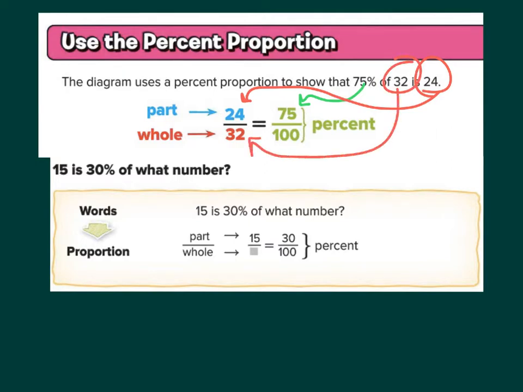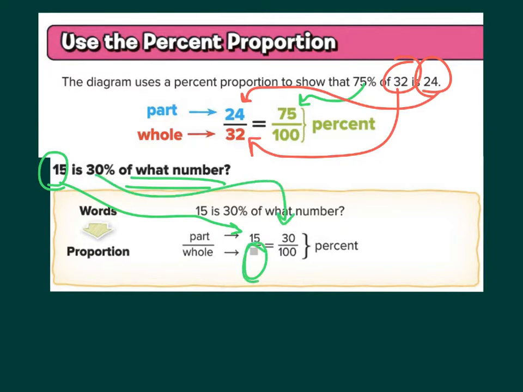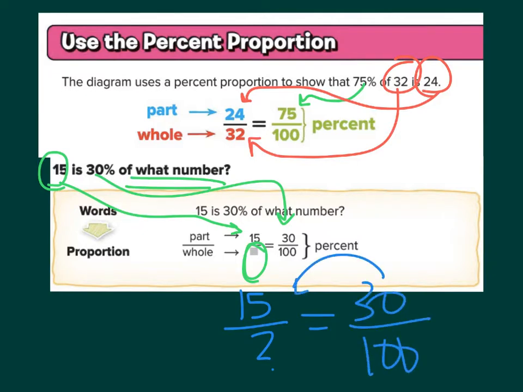If we take a look at this example on this slide, it says 15 is 30% of what number? Once again, 15 is the part, so that's why they're putting it down here. We don't know what the whole is. We do know that 30% can be written as a fraction of 30 over 100. Now we think about how do I go from 30 to 15?